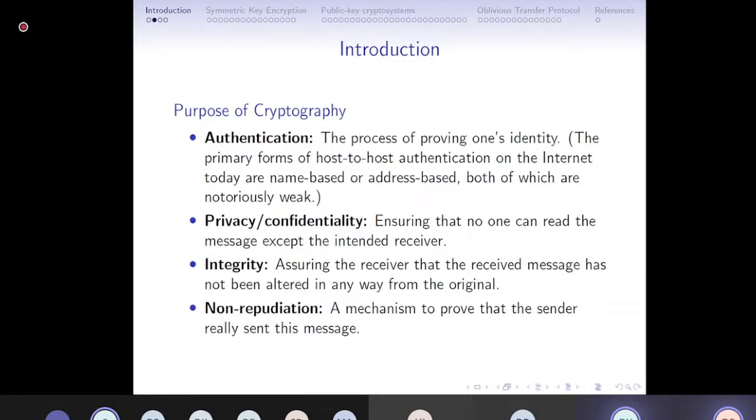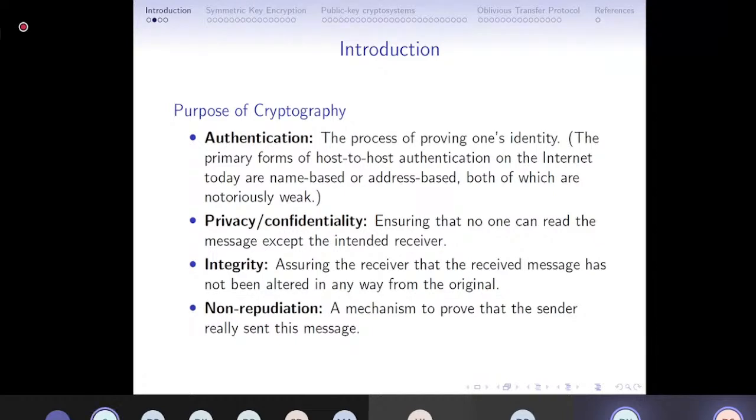For example, suppose that a person's identity is an Aadhaar card. By using the Aadhaar card, we can say that this is the person, and we can authenticate that person.